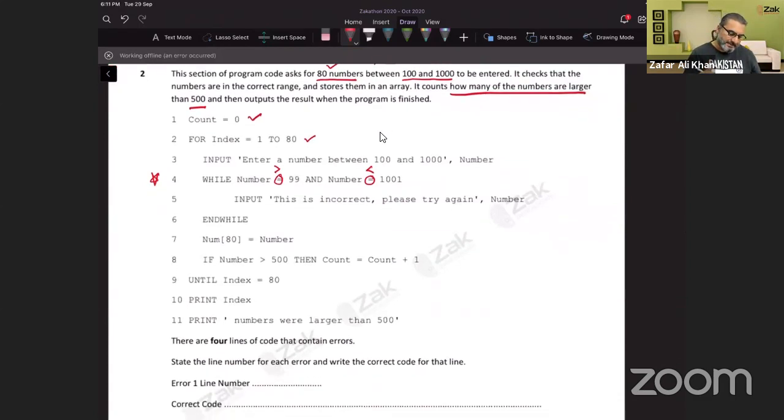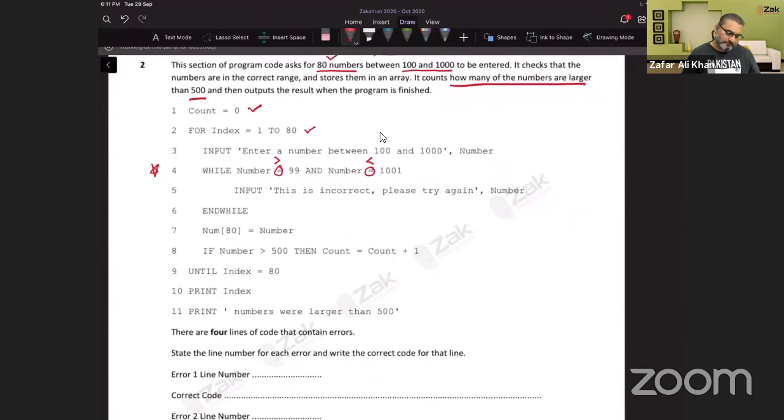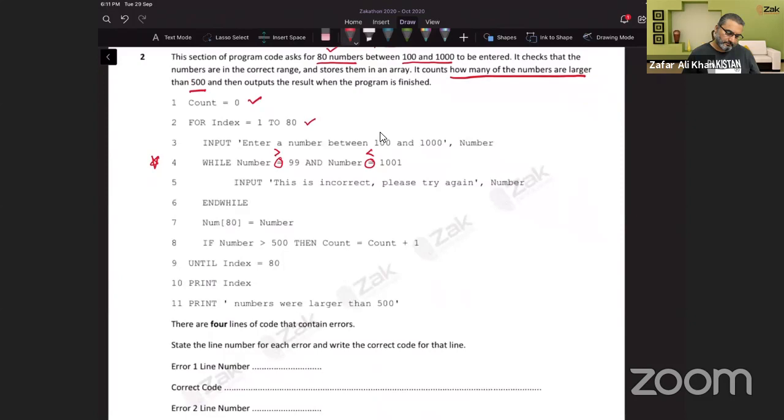Input, this is incorrect. Please try again. Okay, this is validation. Okay, so it has to be true. So this needs to be revised.